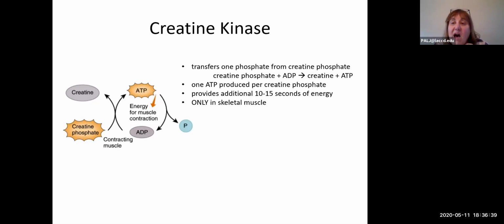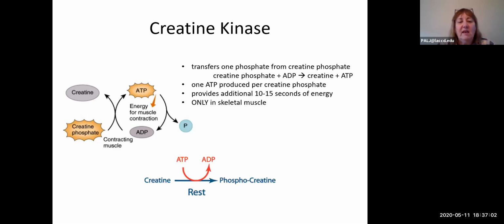So now we have a high energy ATP molecule. So there's one ATP that can be produced per creatine phosphate. Okay. And this will give us an additional 10, maybe 15 seconds worth of energy. And this only occurs in skeletal muscle, not happening anywhere else in the body.